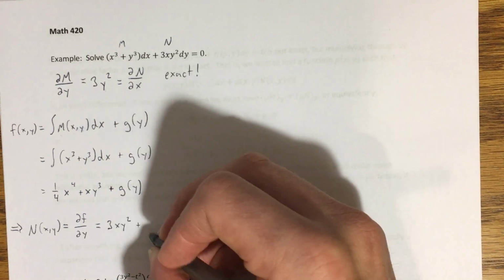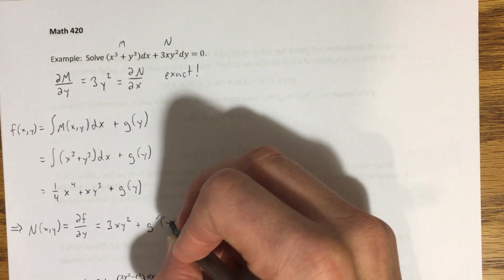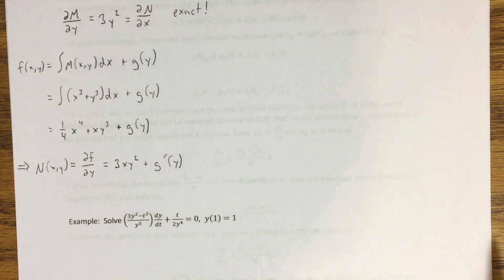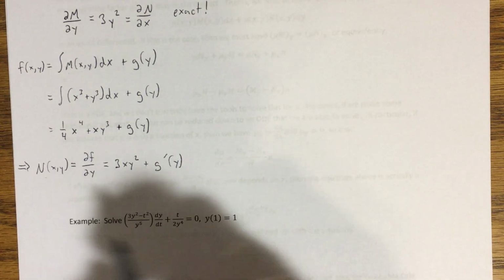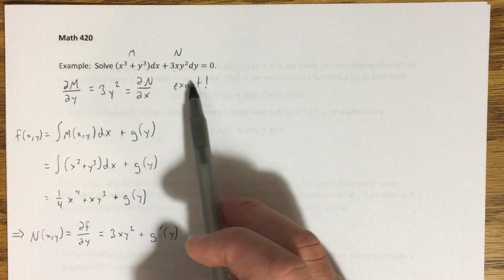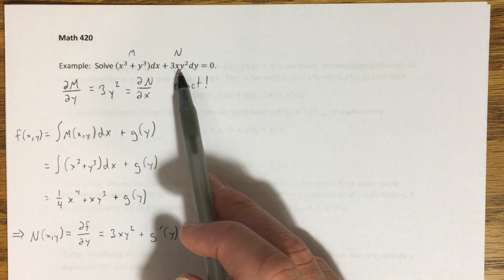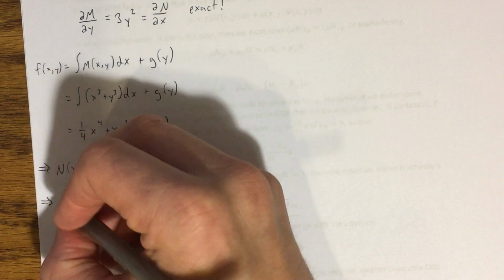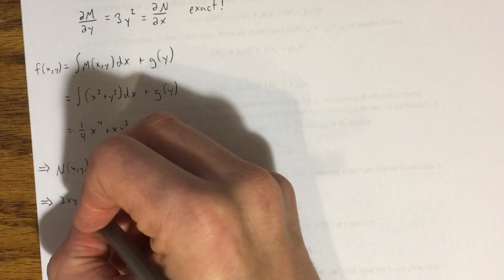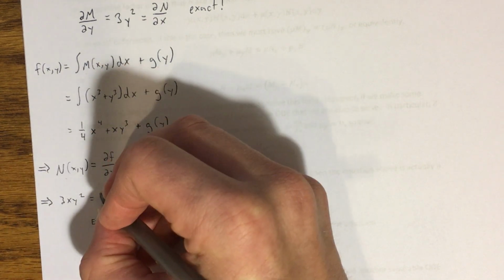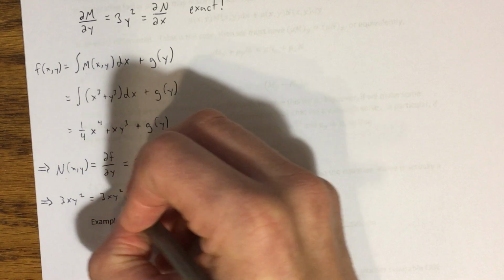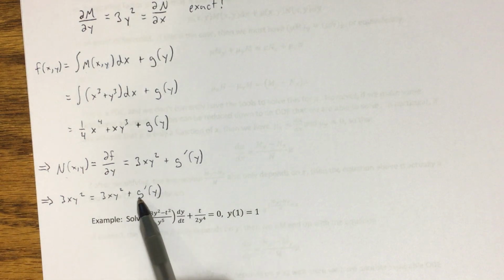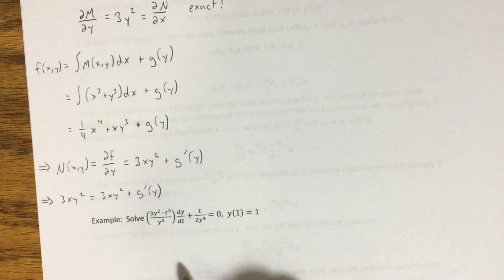And then this second term here is going to look like g prime of y, because it's a single variable function differentiated with respect to y. But what is n of x, y? Well, it comes from our differential equation up here. It's 3xy squared. So that means I have 3xy squared equals 3xy squared plus g prime of y. That would imply that g prime of y is equal to 0.